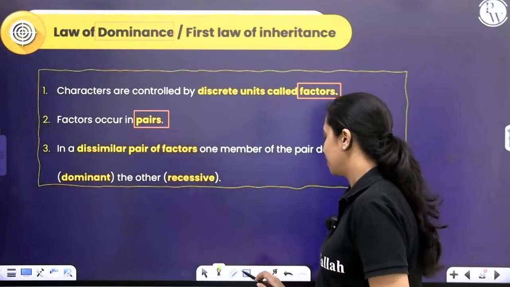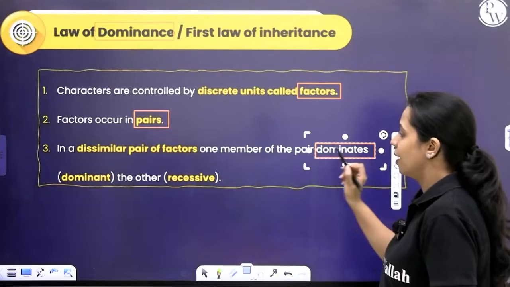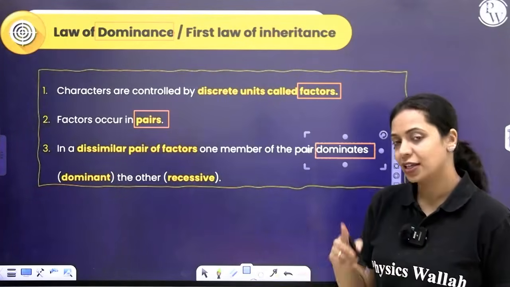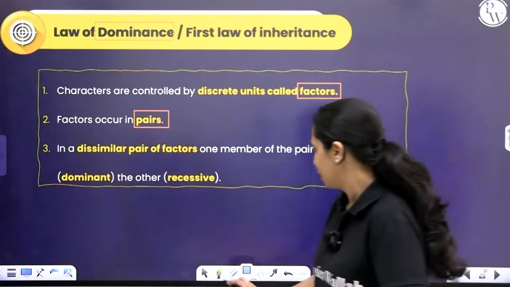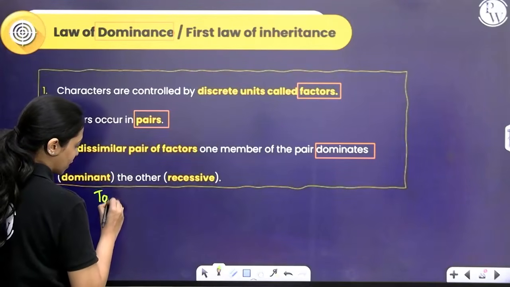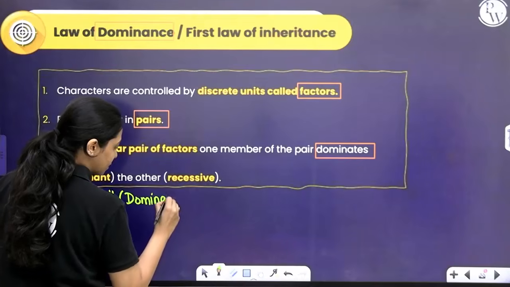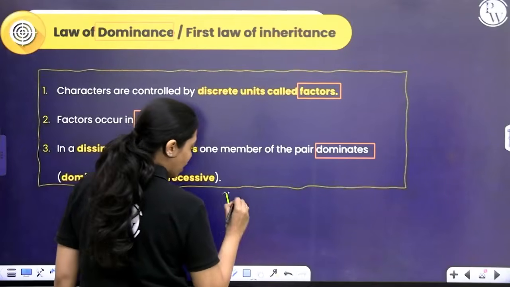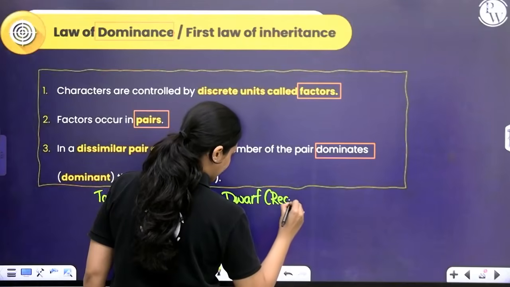So whenever there is a dissimilar pair of factors, one member of the pair dominates, that is called the dominant trait, and the other one that does not express is called the recessive trait. So in the experiment that we saw previously, the tall trait was dominant and the dwarf trait was recessive.